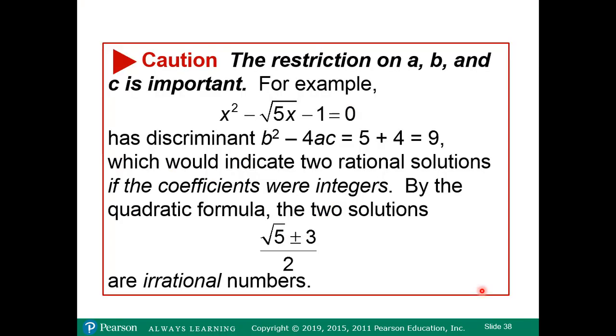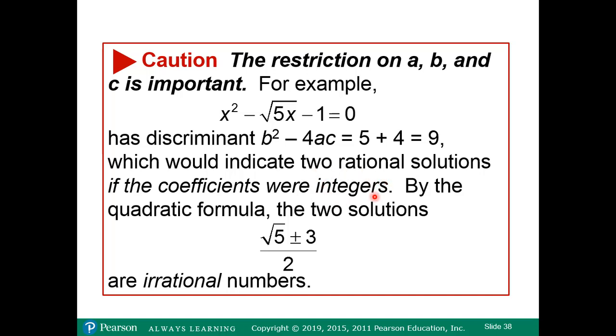Now, be careful. The restriction on A, B, and C is important. For example, in this case here, the discriminant b squared minus 4ac is what? It's 5 plus 4, which equals 9, which would indicate two rational solutions if the coefficients were integers.